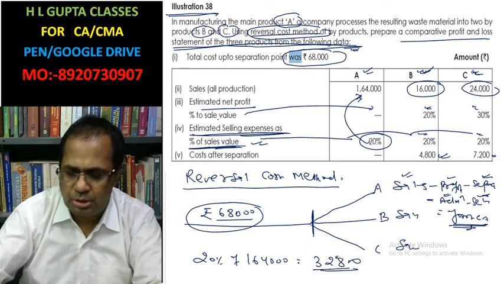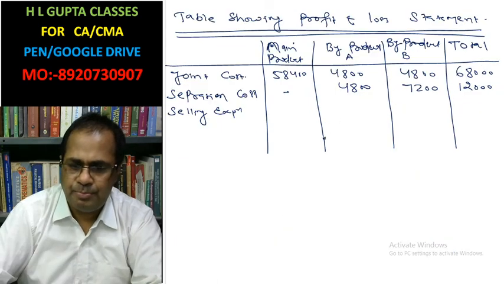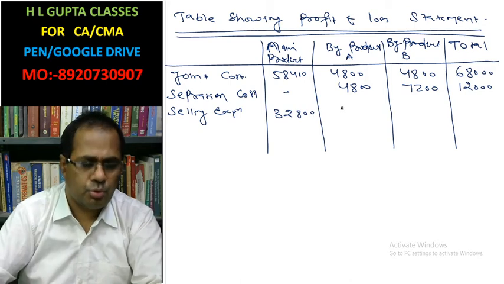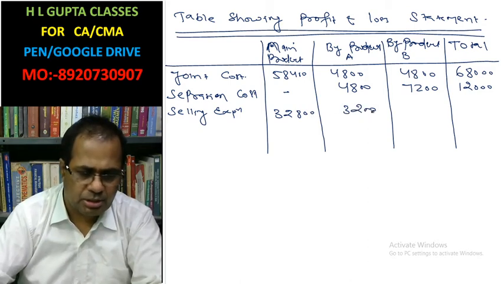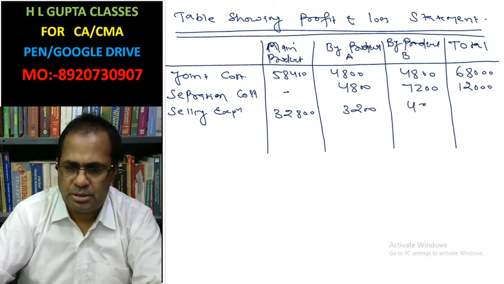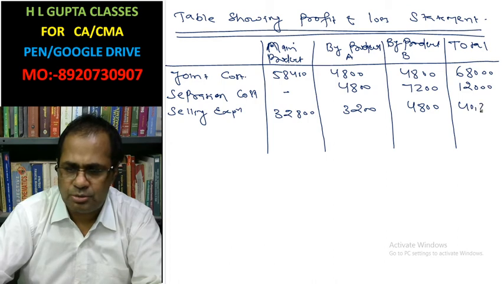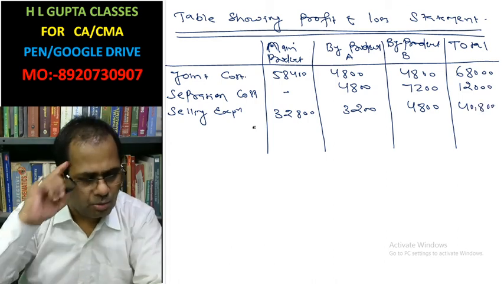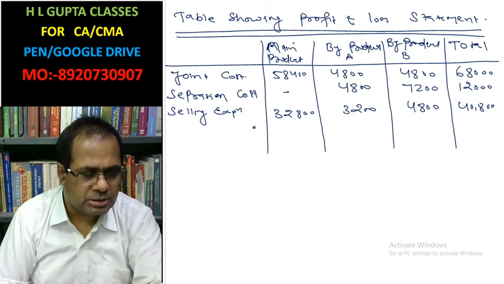Then the expenditures we have already calculated are 3,200 and 4,800, and the total is 40,800.